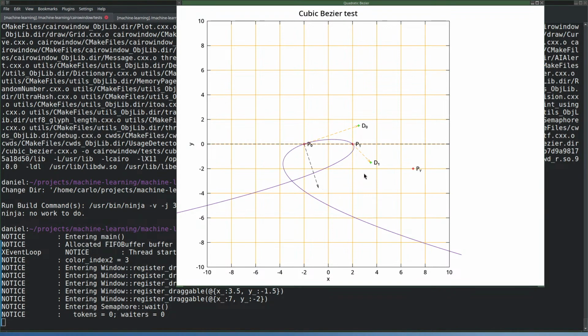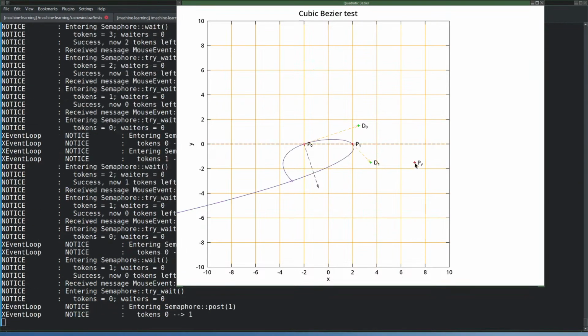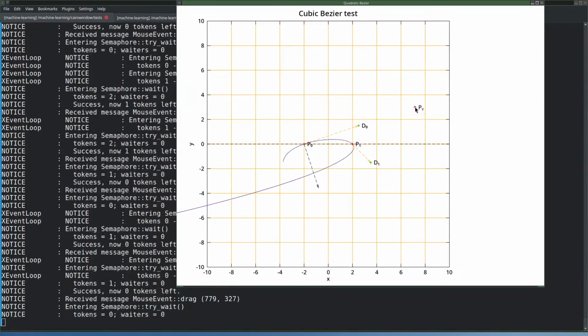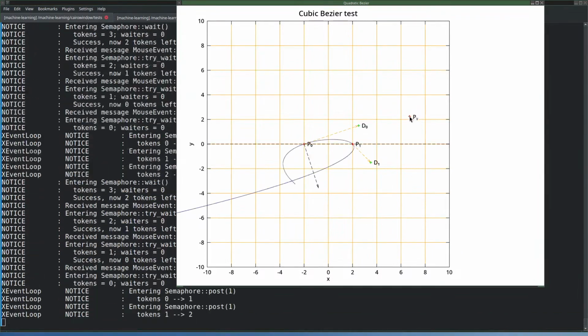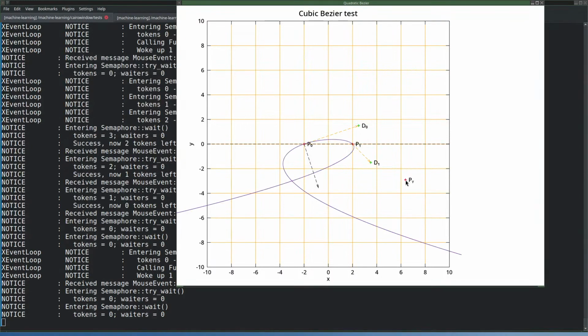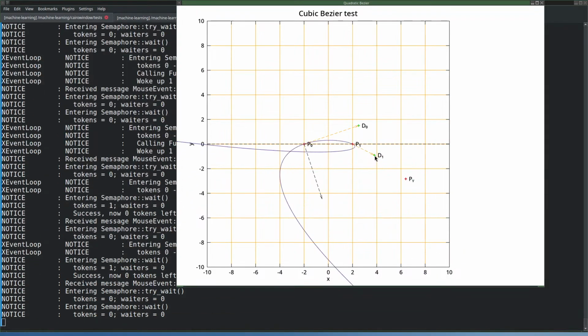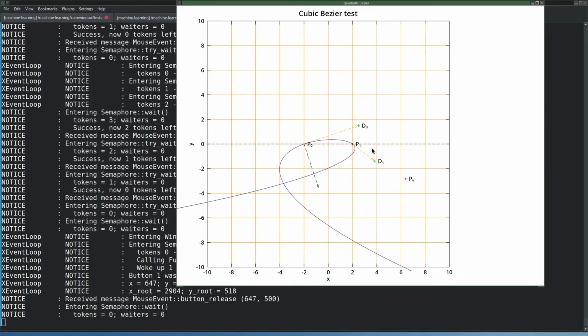So let's try to do that. Make a straight line. Nothing works. It doesn't have any influence at all, actually. Why is that? Don't tell me I'm still working with this. Oh, we are. Ridiculous.